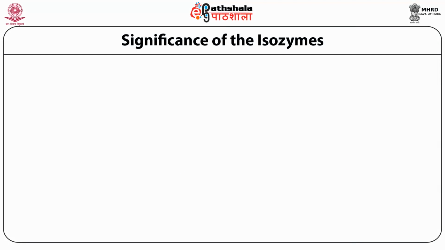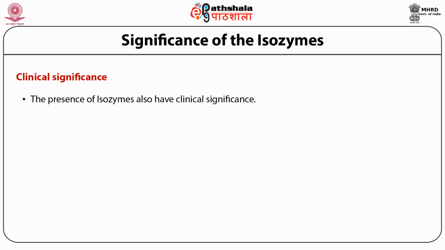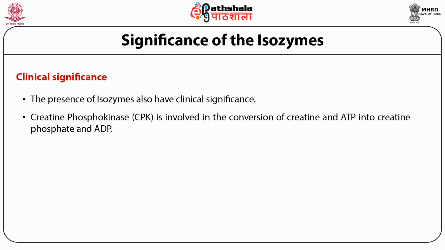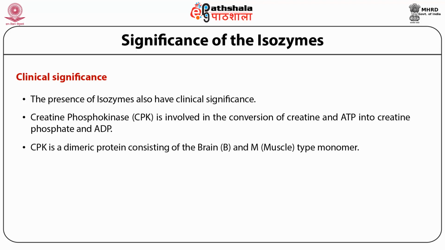The second significance of isozymes is clinical significance. The presence of different isozymes has clinical significance. For example, creatine phosphokinase is involved in the conversion of creatine and ATP into creatine phosphate and ADP. Creatine phosphokinase is a dimeric form, consisting of a brain subunit and a muscle subunit.